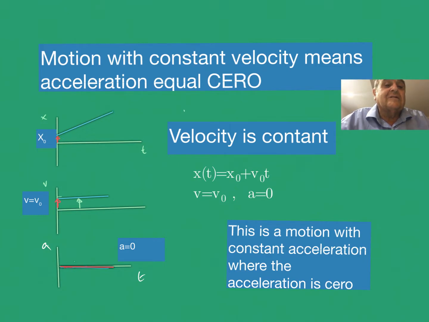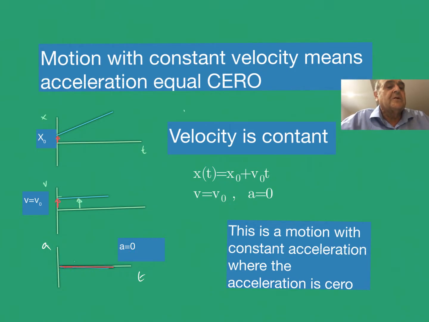Then the velocity is constant, so the graph of the velocity should be constant for all time t, the same value. So we say v equals v0. And of course, because there is no change in the velocity, the acceleration should be 0.